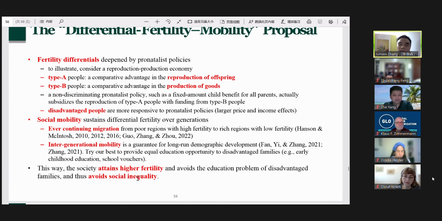Okay, so the two aspects must be both pursued and exercised rigorously to increase fertility and also to avoid increasing social inequality. And this policy, providing disadvantaged family with equal education opportunity, is both productivity enhancing and welfare enhancing, right?